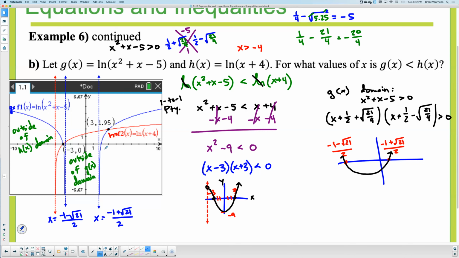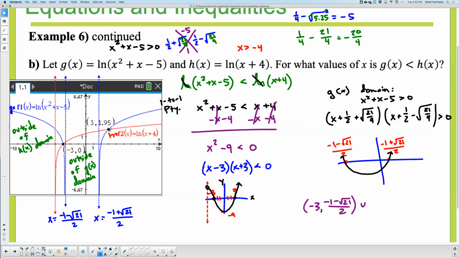And so now we can finally write down our solution set. The solution set to this problem is the longest problem ever. I want the blue to be below the red. From this point, from -3, here until this line, which is -1 minus square root 21 over 2, union.